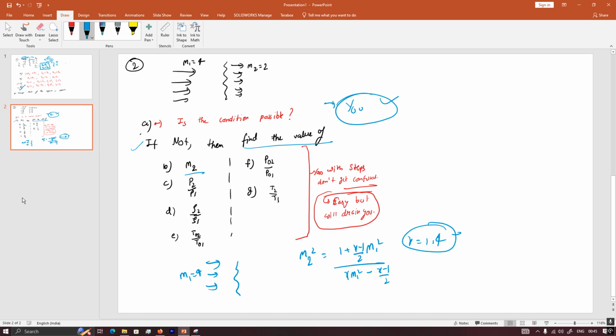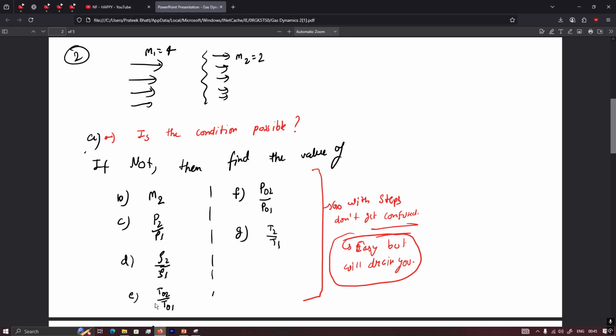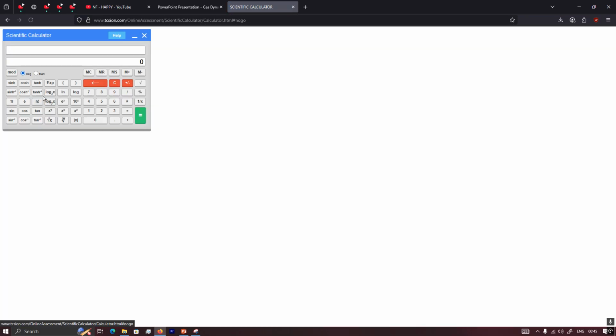Let me quickly calculate this using the calculator. Mach is equal to 4. So using the formula, 1 plus gamma minus 1 by 2, for air that is 0.2, into 4 square, upon 1.4 into 4 square minus gamma minus 1 by 2, that will be equal to 0.2.